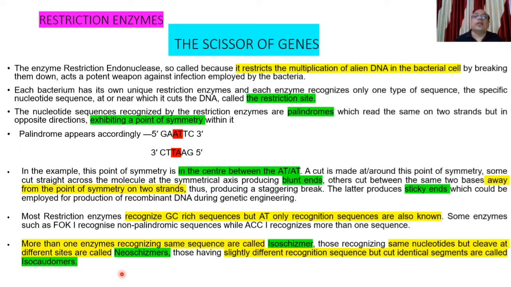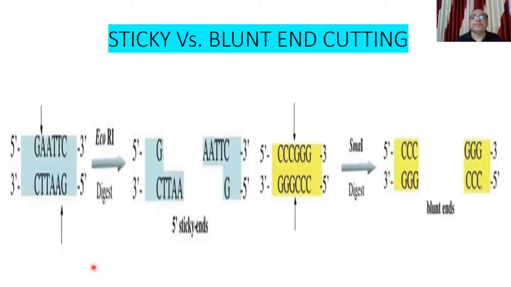So although their recognition segments differ, that is, they recognize different sequences of nucleotides, still they cut those nucleotides in such a way that similar cut products are produced, and such restriction enzymes are called isocaudomers. So let us see how this blunt ending and the sticky ending process goes on.